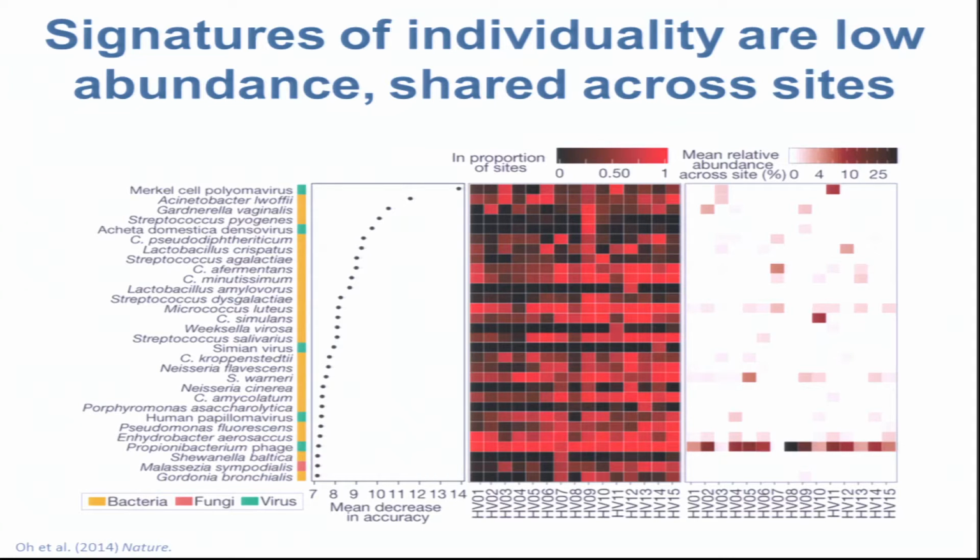For example, you couldn't find signatures of individuality in Propionibacteria or Staphylococcus, but it was these more rare types of bacteria that we haven't heard much about, Gordonia, for example, Schaalia, that were able to classify patterns of individuality.